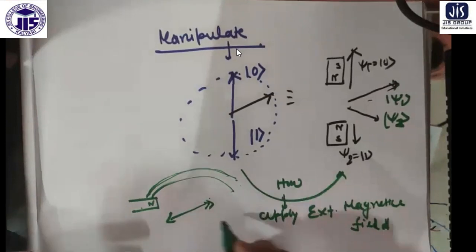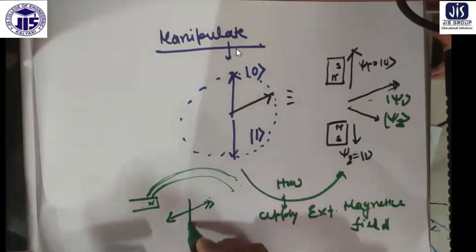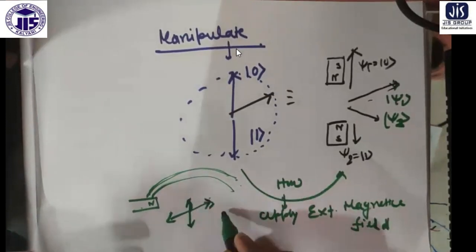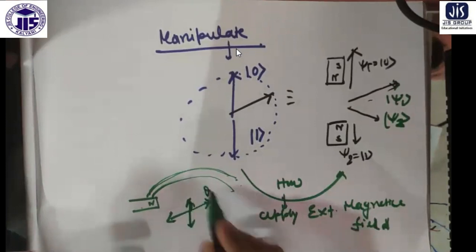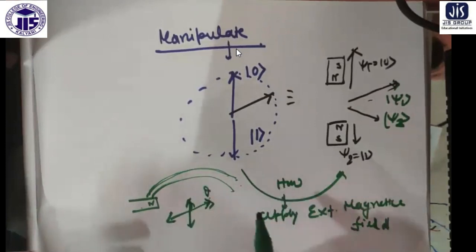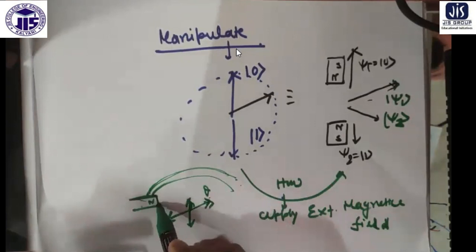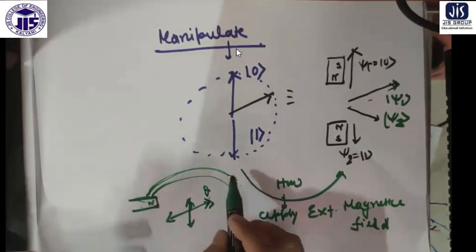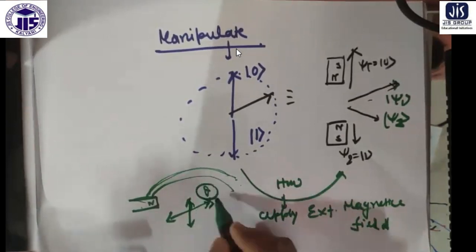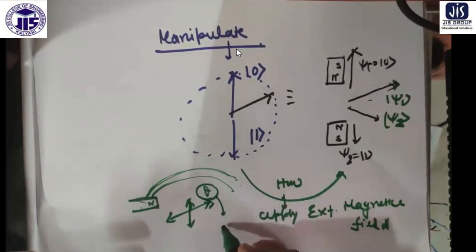Suppose it was initially in this direction. Now you are rotating it by this angle theta. Based on how close this magnet is, we could calculate this angular rotation.